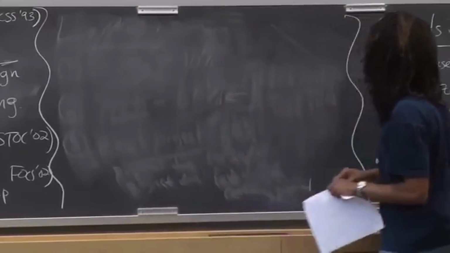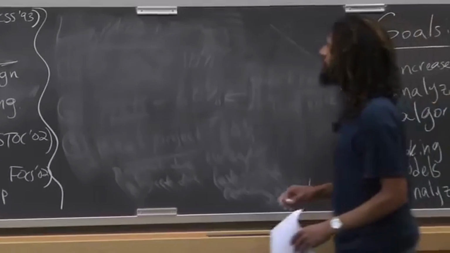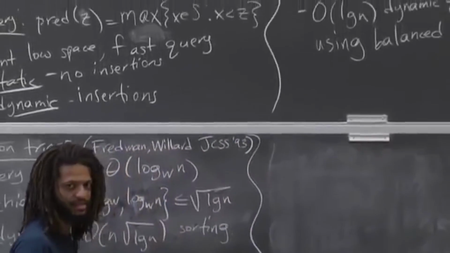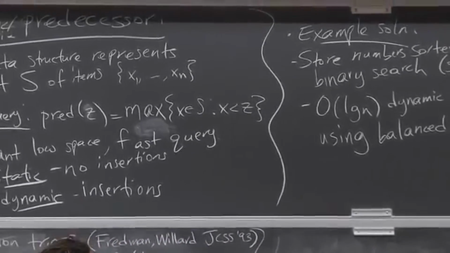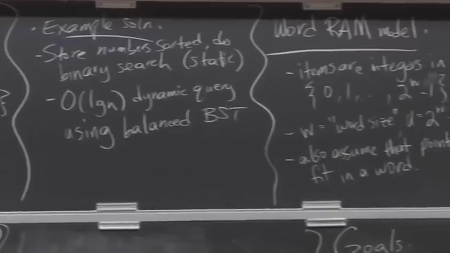Okay. And let me go back to the word RAM model before I actually present the van Emde Boas data structure. I mentioned we can do more than just compare. So what can we do?